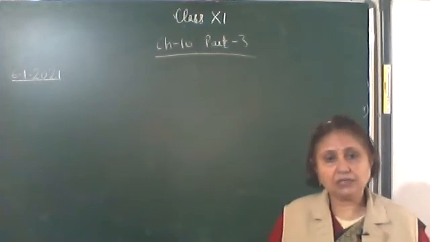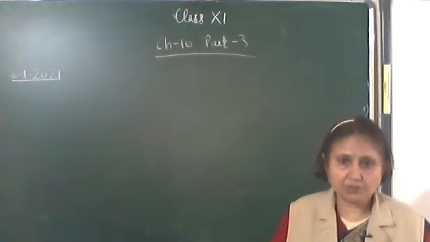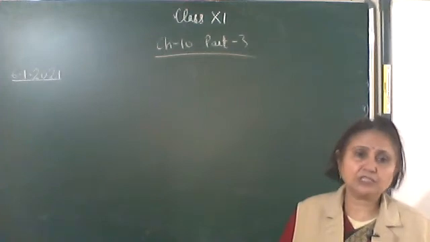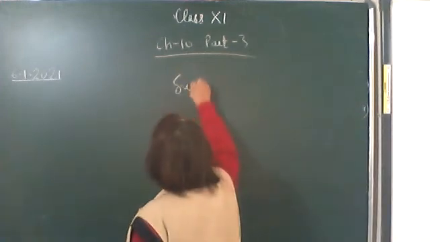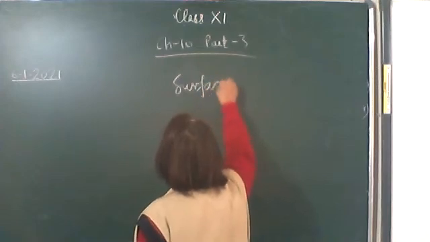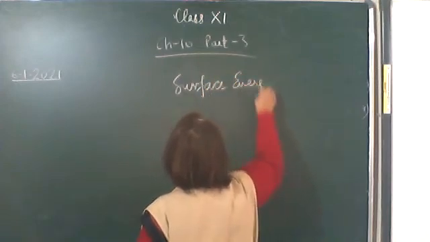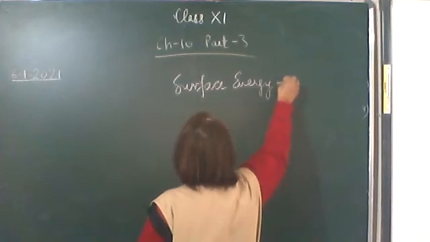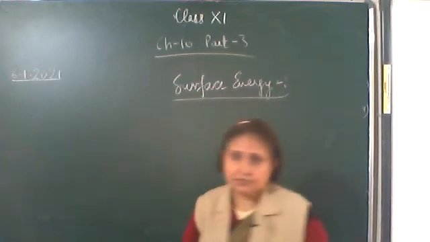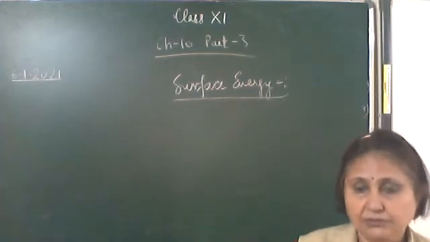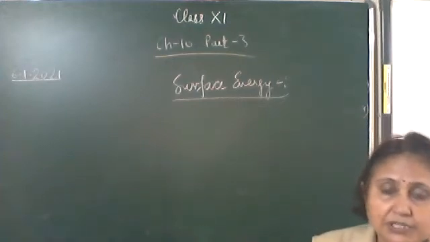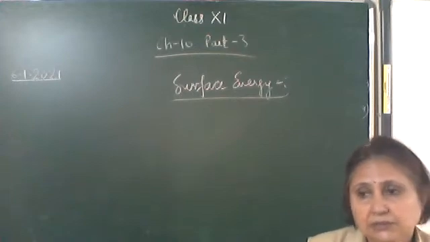This work done is stored in the form of potential energy, which we call surface energy. We have to find the expression of surface energy in terms of surface tension. First write down how we define it.